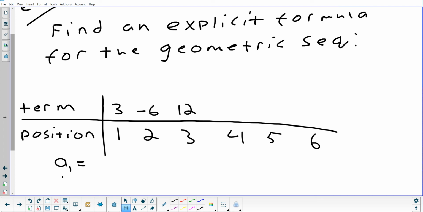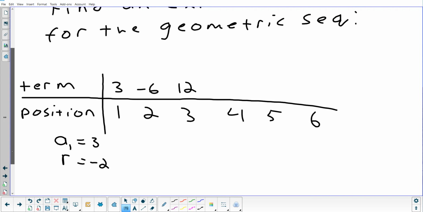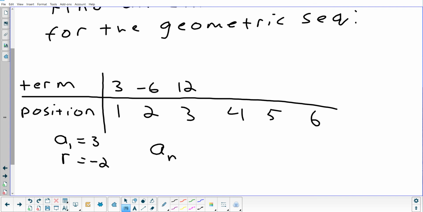And what are you doing each time? Multiplying by -2. So here's your formula. a sub n equals the first term times r to the n minus 1, and fill in what r is. -2.